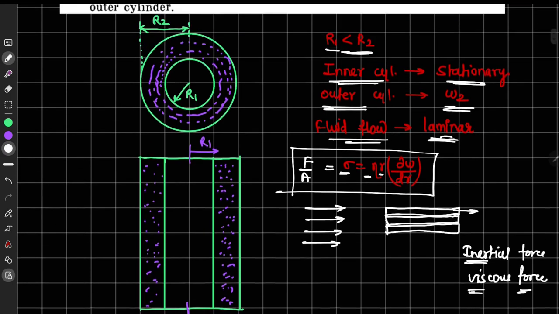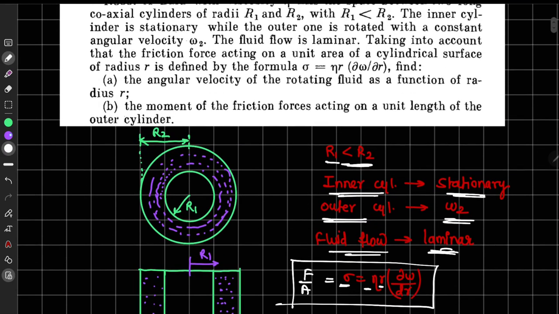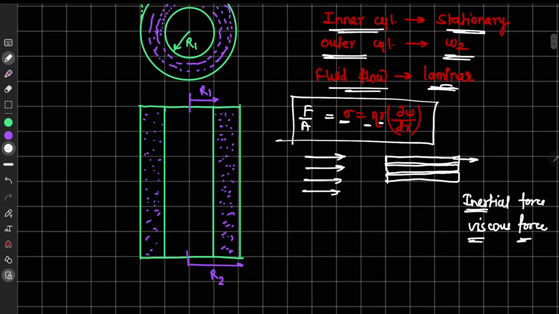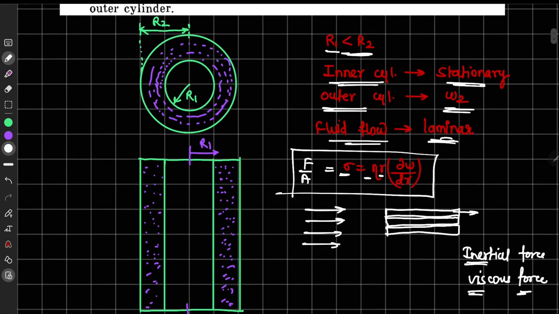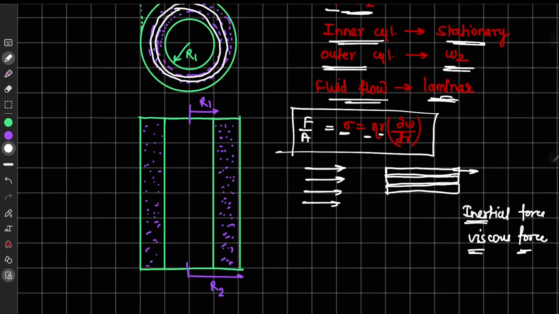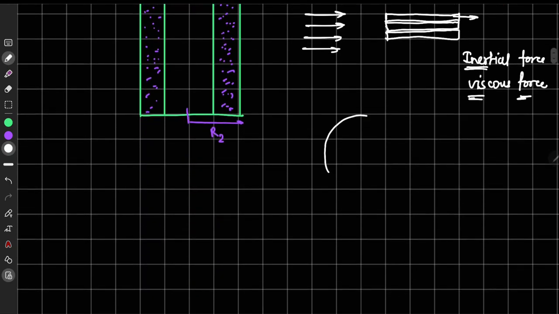Now the first part of the problem asks us to find the angular velocity of the rotating fluid as a function of radius r. For that, let us take an element in between these two. As we have a cylindrical region, we can take the element as a ring. Let us consider this particular element and draw it here.